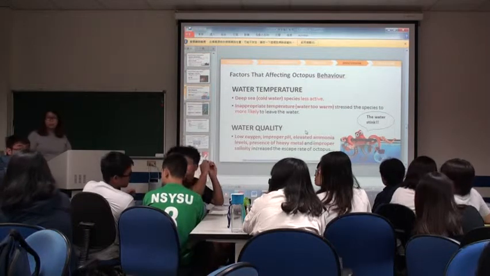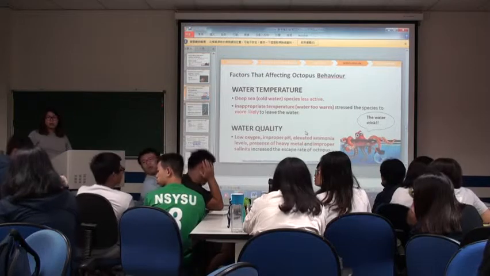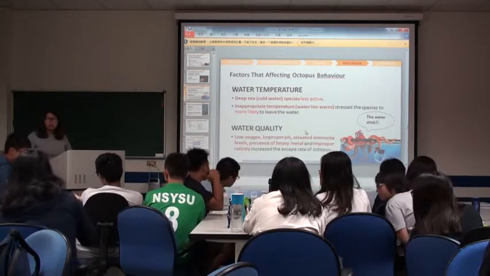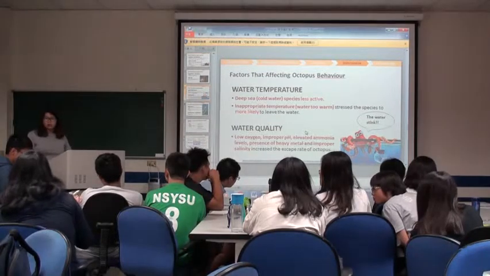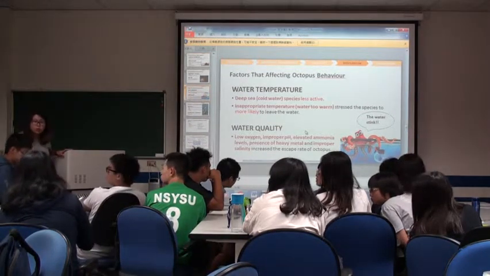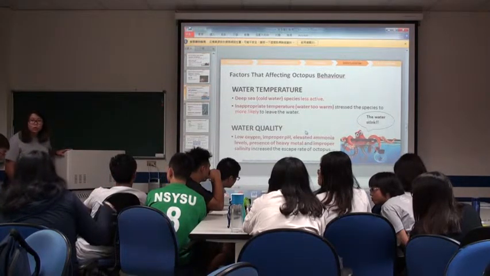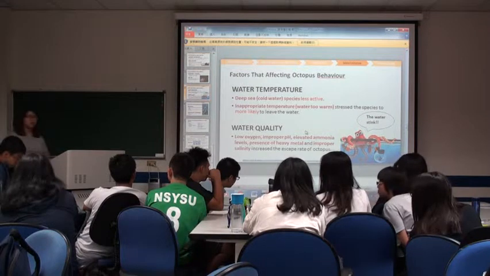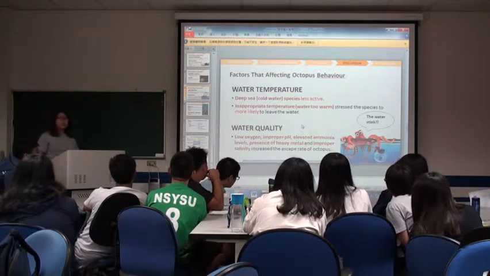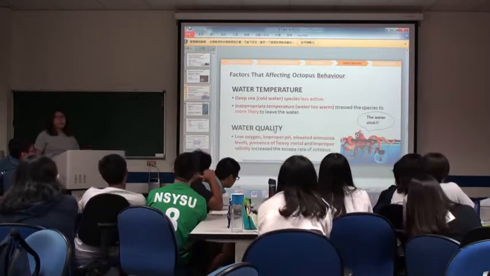Which temperature means warm water for the octopus? This will depend on their habitats.